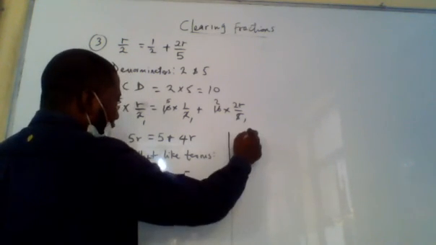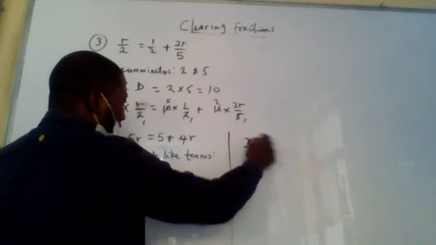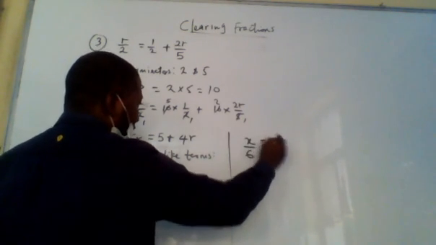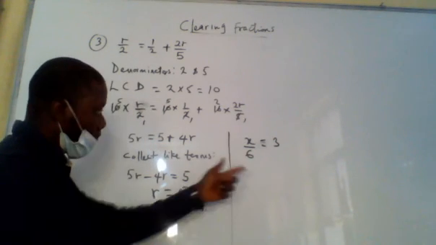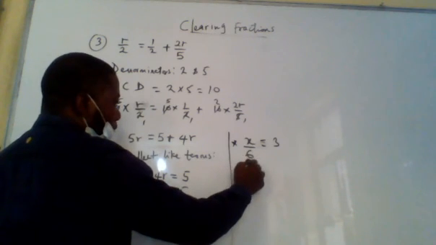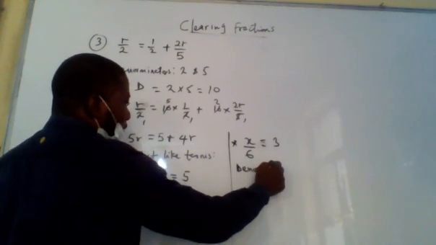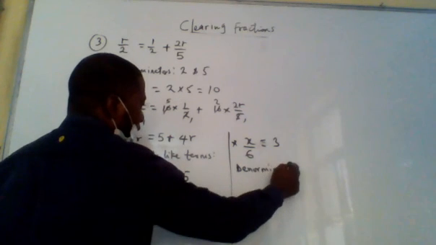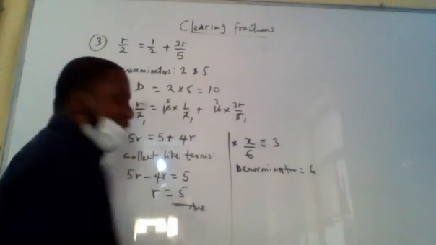If you have x over 6 equals 3. For this problem, you are having just one denominator. It's just 6.